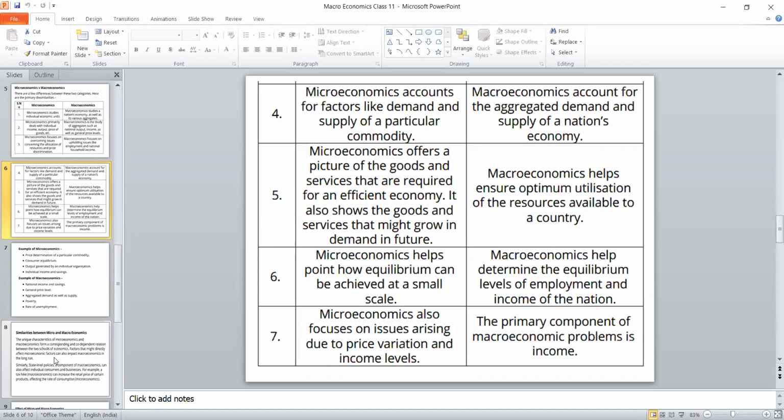What is the price level last year and what is the price level now? We can compare, but not yesterday, today, day after. It's not possible. So the primary component of the macroeconomic problem is finalizing the national income. So these are some of the differences between micro and macro.